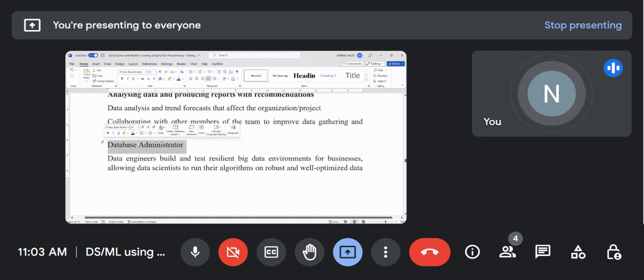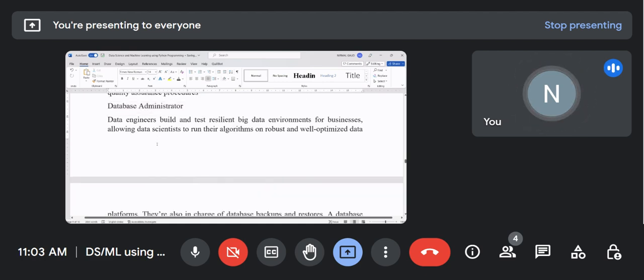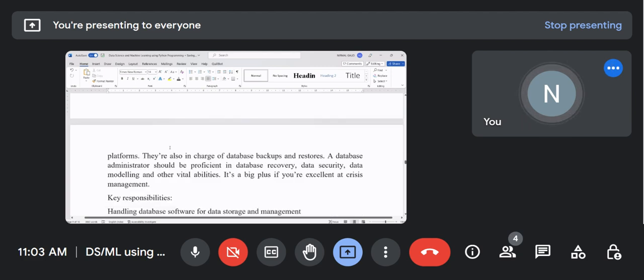Next one is the database administrator. There are data engineers who are going to perform this task. Admin is a person who is in charge of the database backups and the restoration of the data. There are various softwares and applications with the help of which we are going to save the data on the servers.